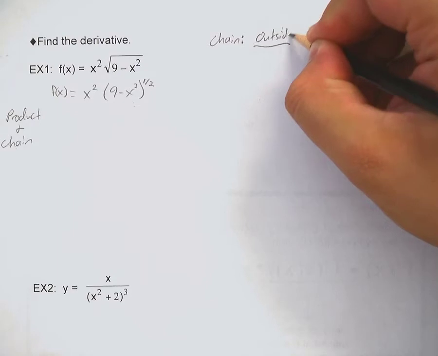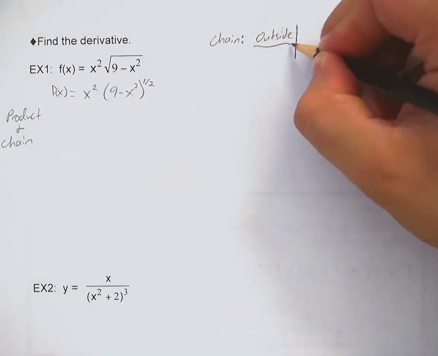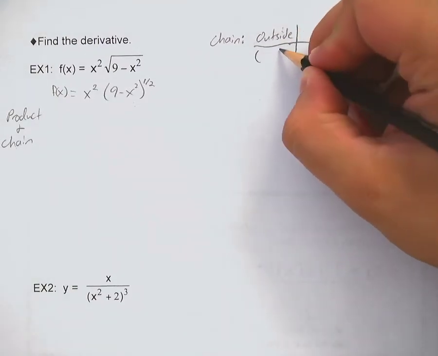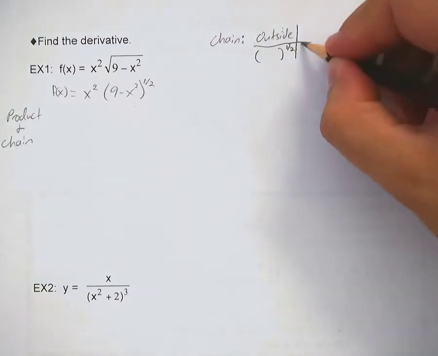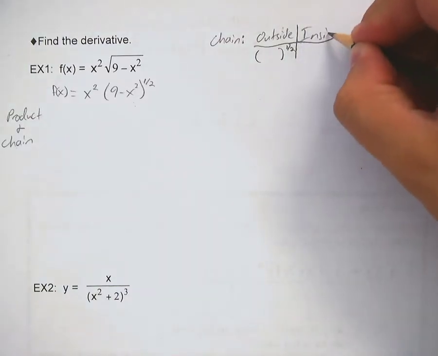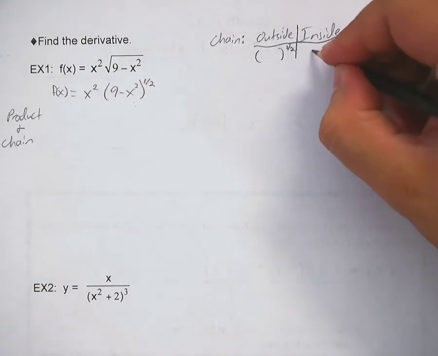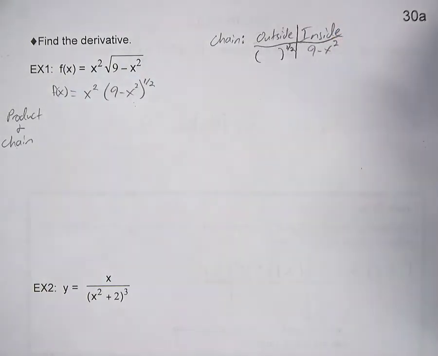I've got the outside, which is parentheses to the 1/2. I've got the inside, which is 9 minus x squared.